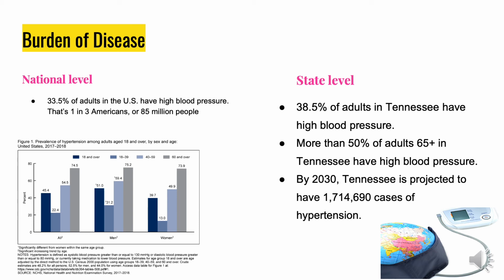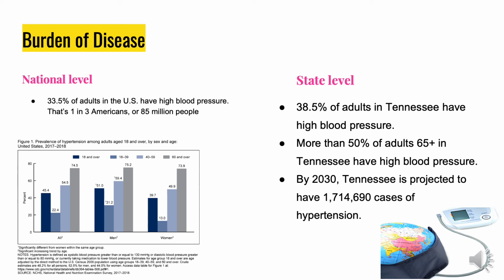That's 1 in 3 Americans, or 85 million people. This chart shows a significant increase in trend by age, and it is significantly different from women within the same age.